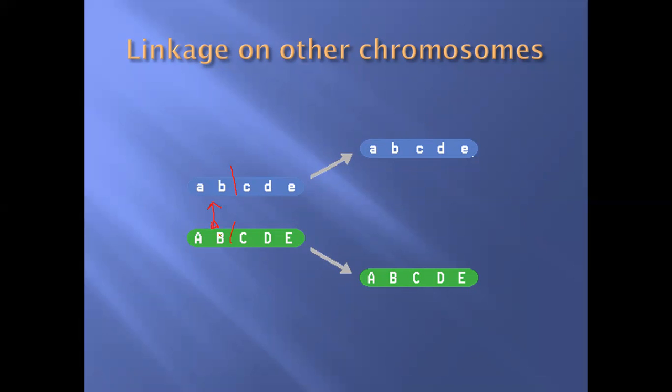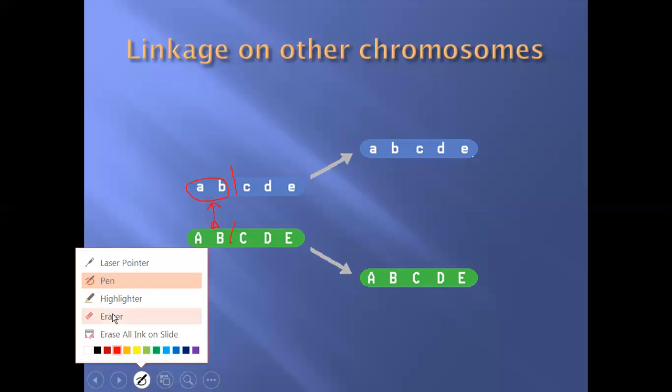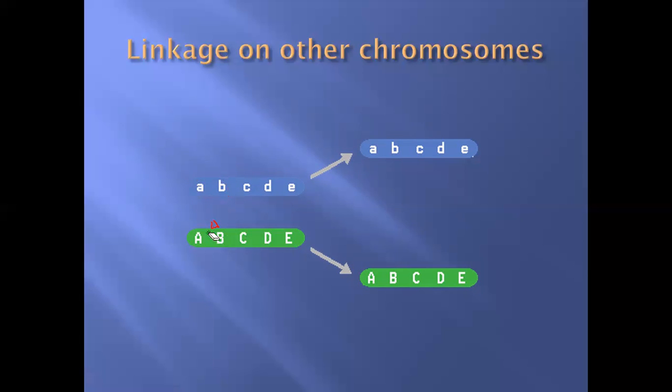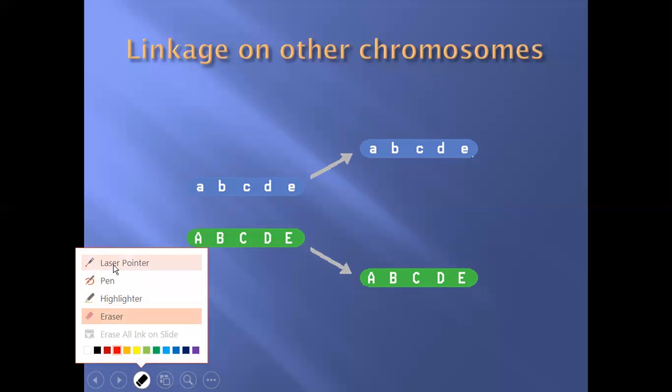So this A and B is going to be swapped for this A and B. What that means is crossing over is way more likely to occur where A and B are almost always going to go together, right? Because there's a lot less chance that we would divide the chromosome.